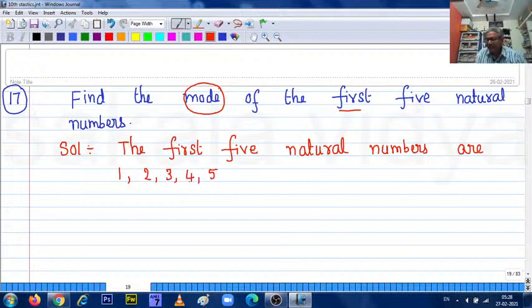Just observe. Is any observation being repeated here? No. 1 is repeated one time, 2 is repeated one time, 3 is repeated one time, 4 is repeated one time, 5 as well. So that means we cannot say.